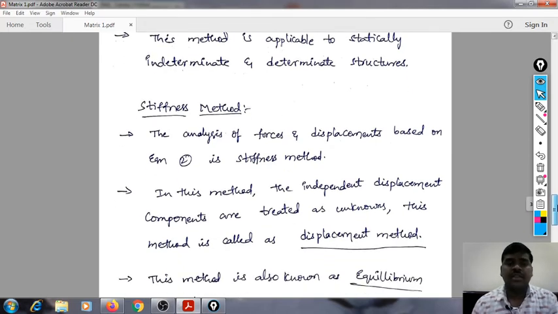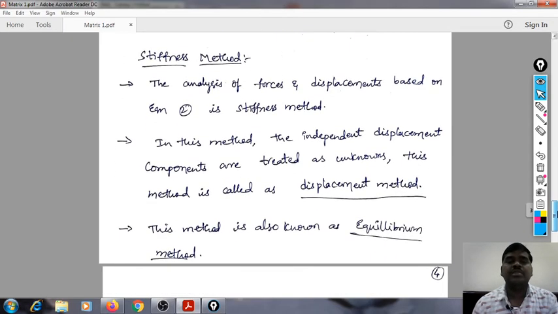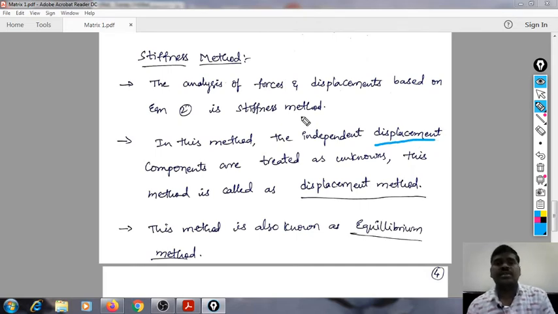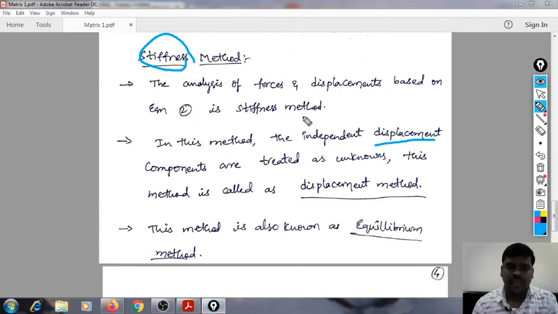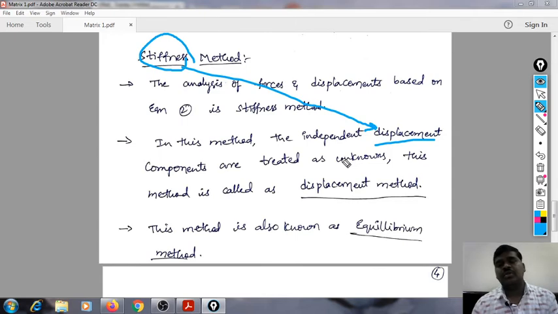In this method, the independent displacements are treated as unknowns. We know that here we are going to find the displacement, because it is related to the stiffness method. It is nothing but it is against the deflection or displacement. So for that reason we need to find displacement components, and they are treated as unknowns here.